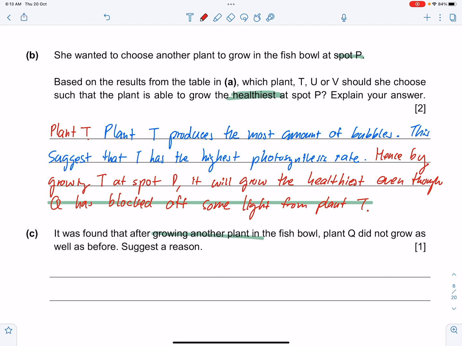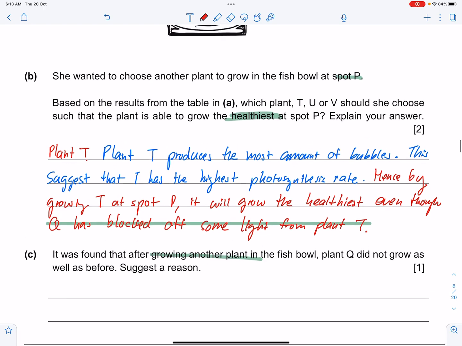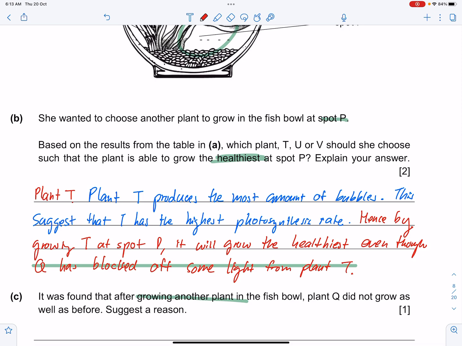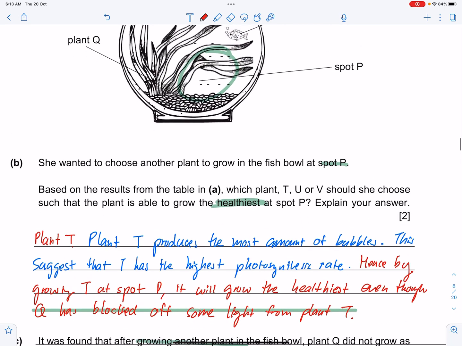So when the effect is overcrowding, you talk about how the plants compete for space and carbon dioxide, in this case. Carbon dioxide is acceptable because you are in the water, it needs to be dissolved. But when you're on land, carbon dioxide cannot be an answer because the amount of air is unlimited, but not in the case of a submerged plant, just so you know.